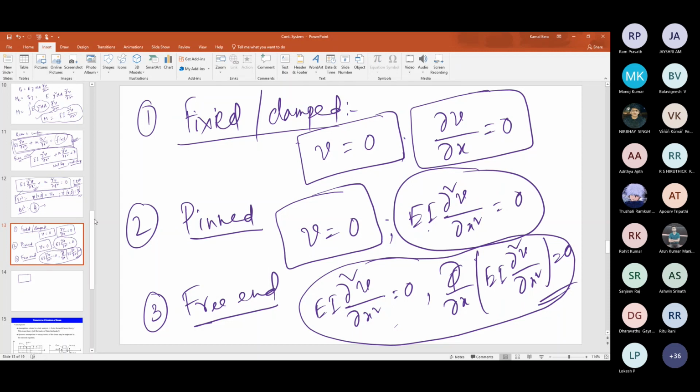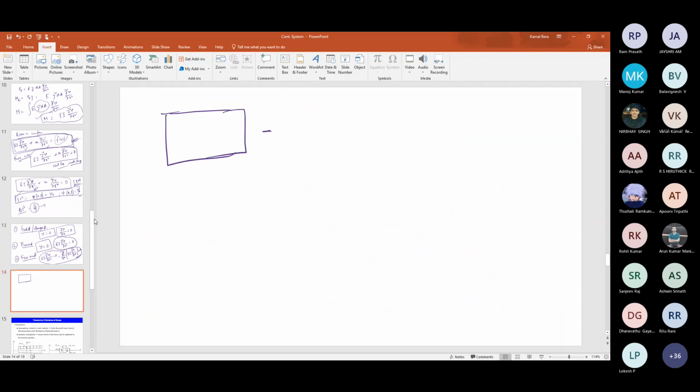For the beam, the boundary conditions given on displacement and slope are called geometric boundary conditions, directly coming out from the geometry of the system.